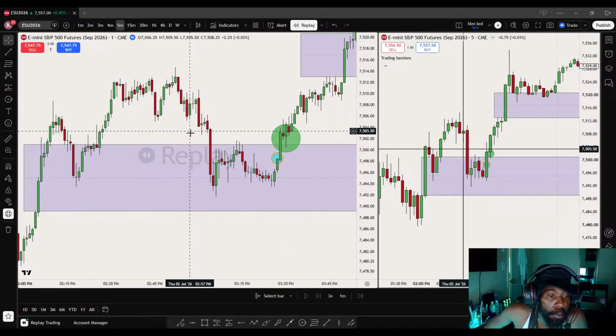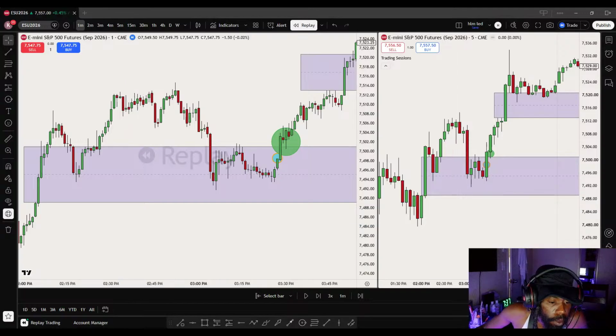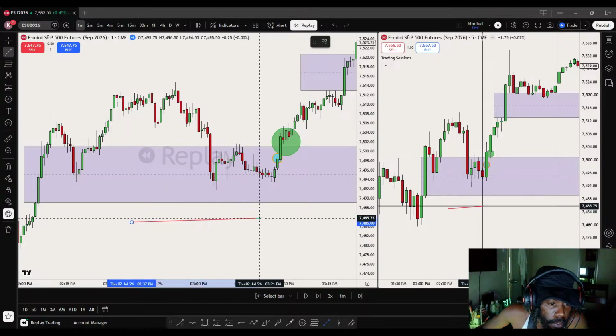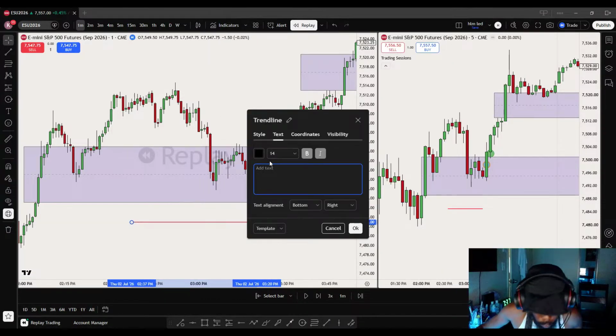Remember, your PD arrays are your fair value gaps. Hold on. I forgot everything is capitalized. I'm gonna draw it again so it's close to us.